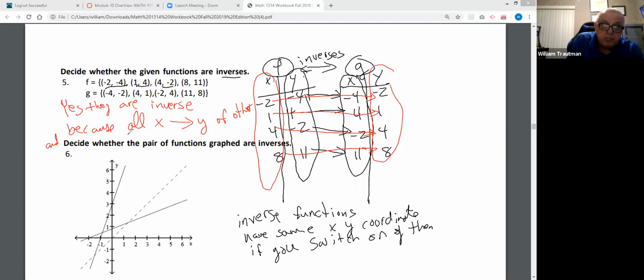And you have to look at both. All y of one function equal the x of the other. Just like we did. Check all the x of one function. Does it equal the y of the other? Yes. Check the y of one function. Does it equal the x of the other? Yes. So yes, it is an inverse.